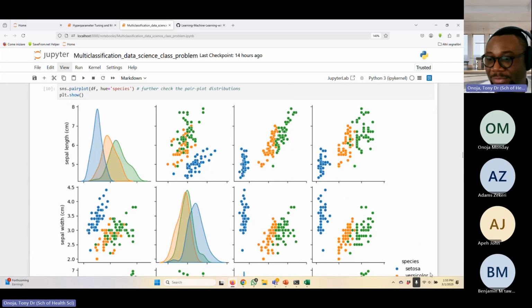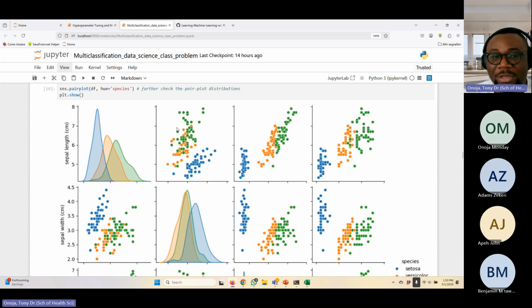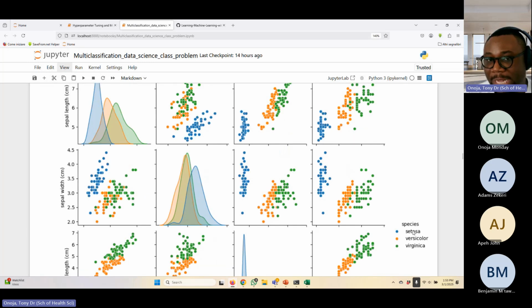Another thing you could look at is how they are colored. There seems to be a lot of issues of linear separation between Versicolor and Virginica.